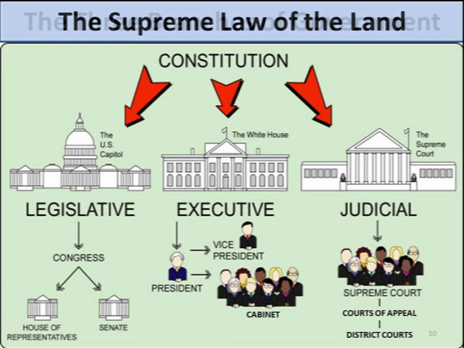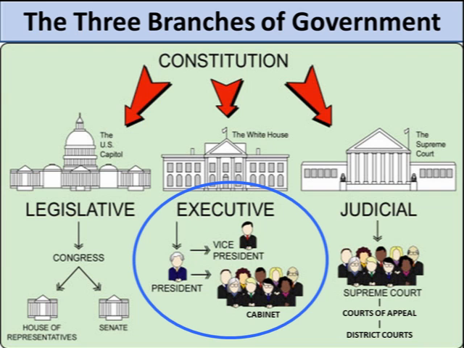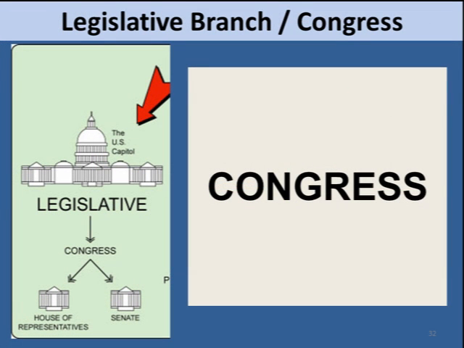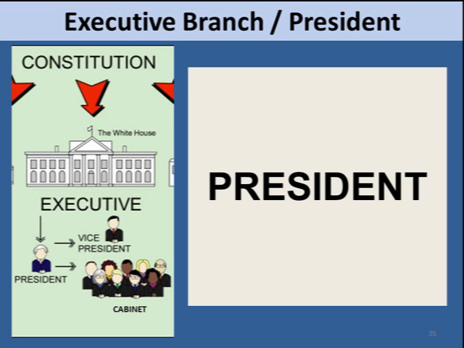The U.S. Constitution sets up a government with 3 branches: a legislative, an executive, and a judicial. The legislative branch is often called Congress and consists of a lower house called the House of Representatives and an upper house called the Senate. The executive branch is usually referred to as the President.